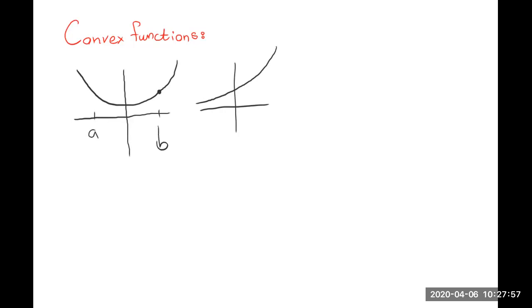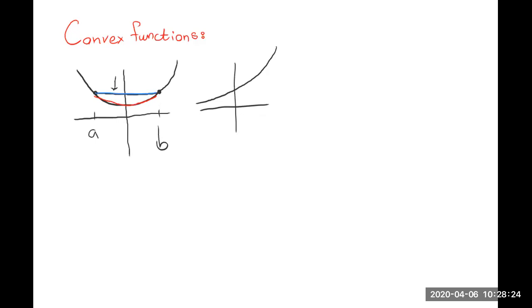on the graph of the function, and connect them with a straight line, a segment, this line is always above the graph of the function in the same area. Look at the graph of the function in the same area, like here. This segment is always above that. This is kind of the definition of a convex function.